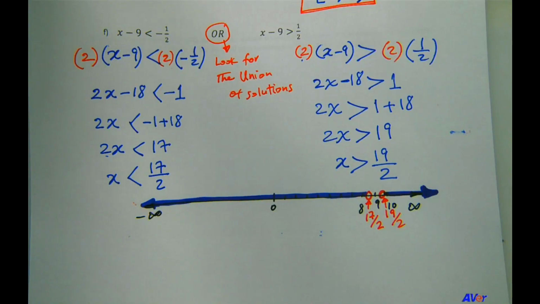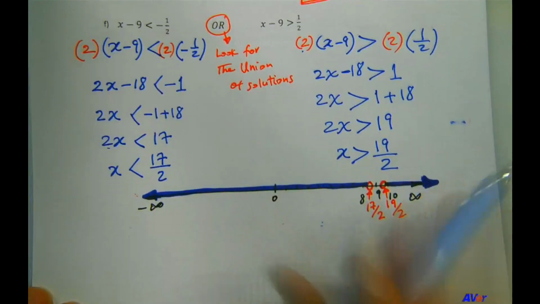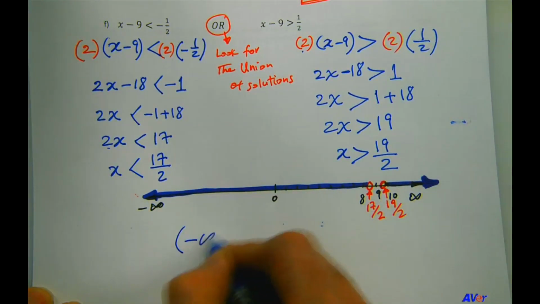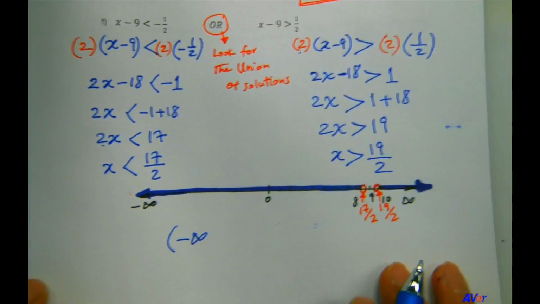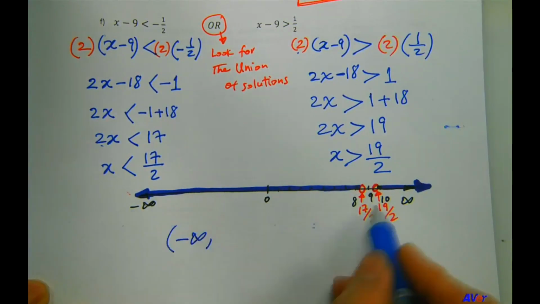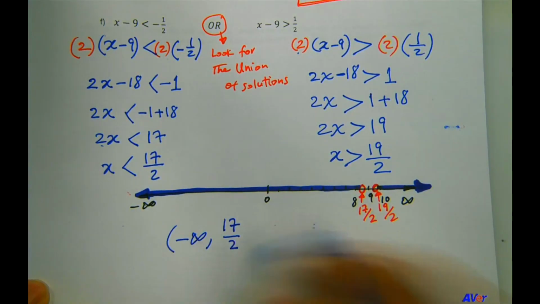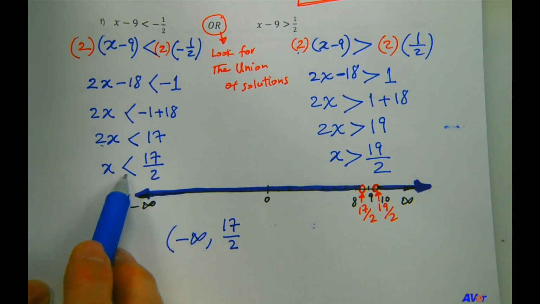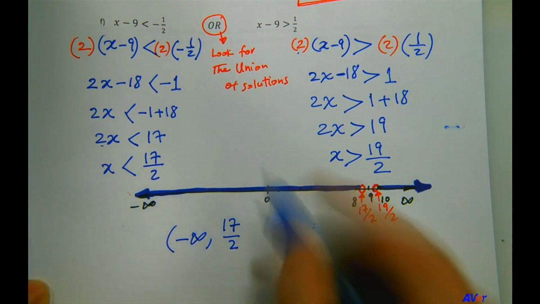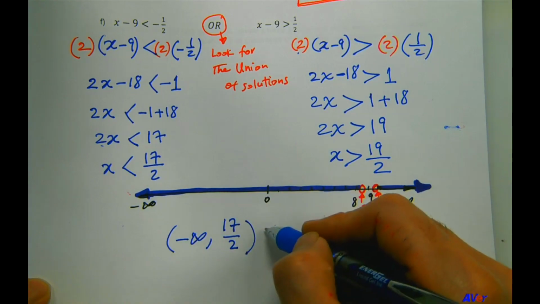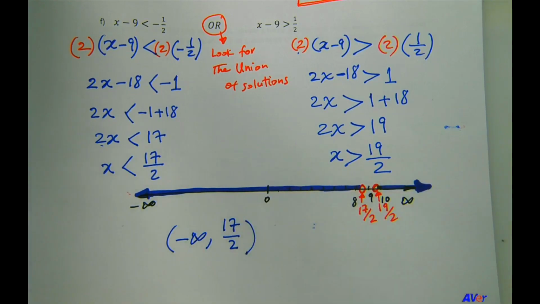But let's write it down using the interval notation. So for this piece, we say parenthesis negative infinity, comma, all the way to 17 over 2. 17 over 2 is not included, so parenthesis again. Then we had or, right?